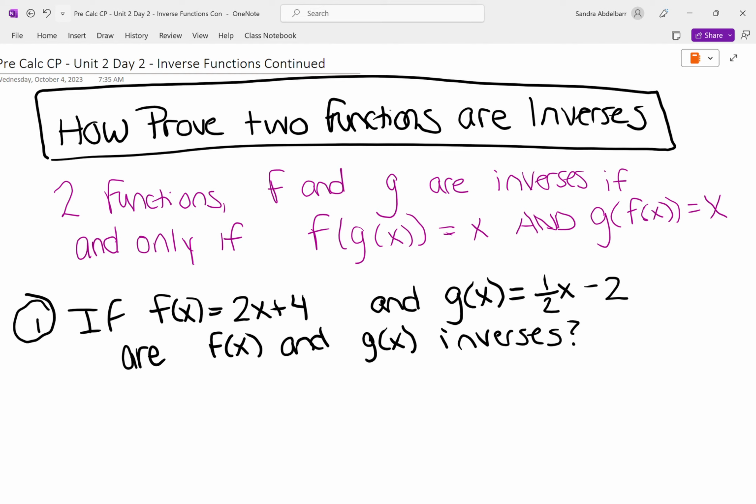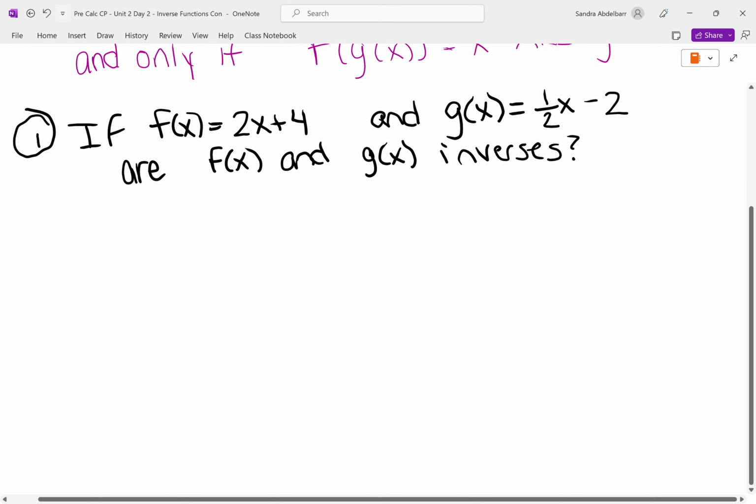There is only one way that I will accept algebraically for you to show that they're inverses. We have to show f of g of x is x and g of f of x is x. So let's do our two tests.